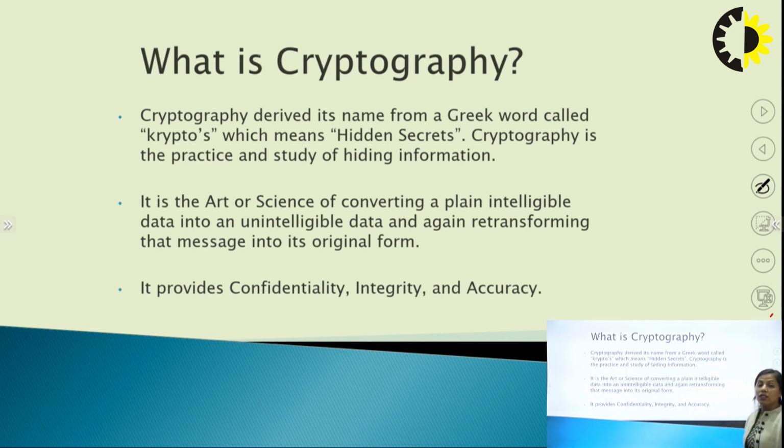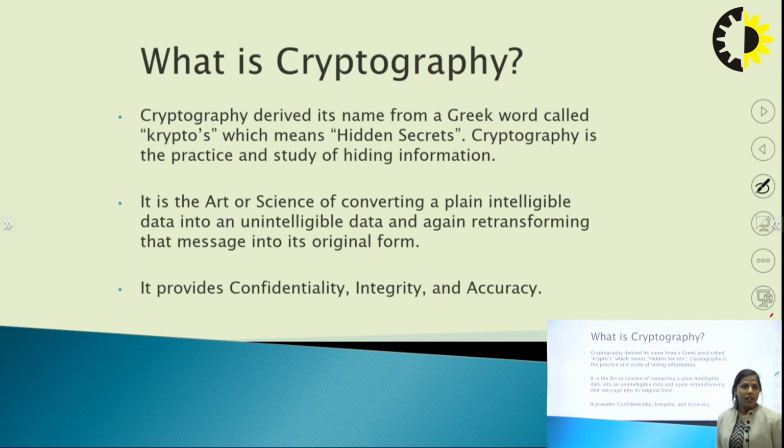As you all know, when we are doing any transaction, any message communication, or transferring data from one place to another over the internet, whatever text or data we are transferring should be kept very confidential. So cryptography provides us confidentiality, integrity and accuracy.